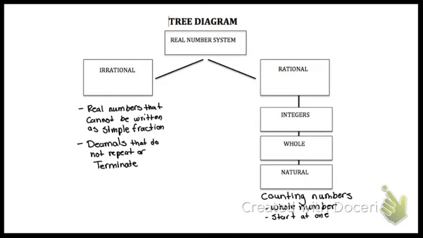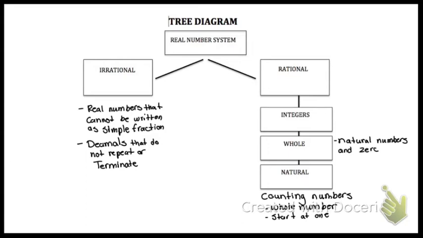Now, if we go up a category, the next one is whole numbers. These are your natural numbers and 0. So a whole number includes your natural numbers and 0.